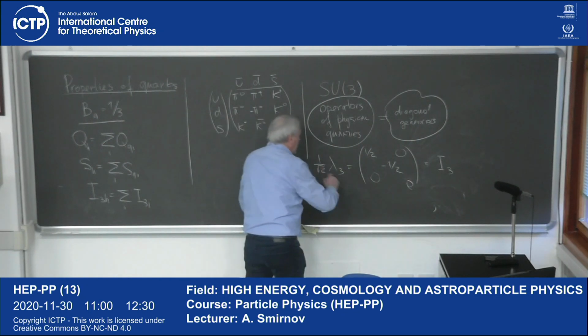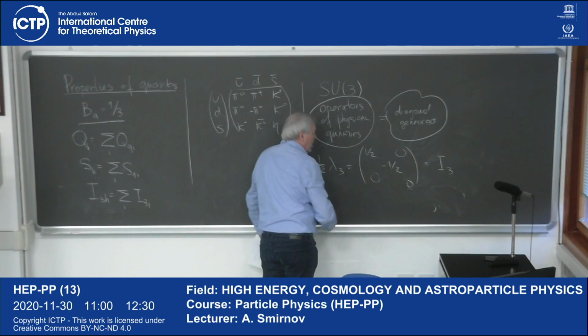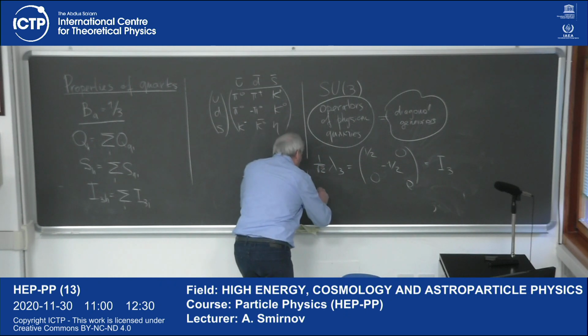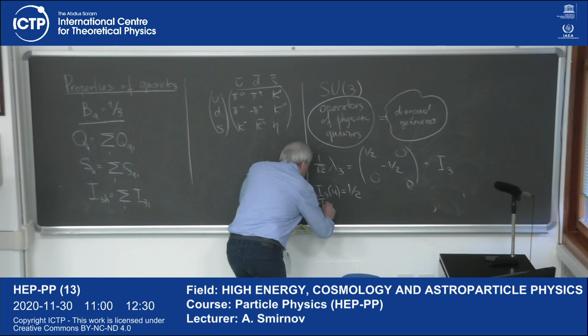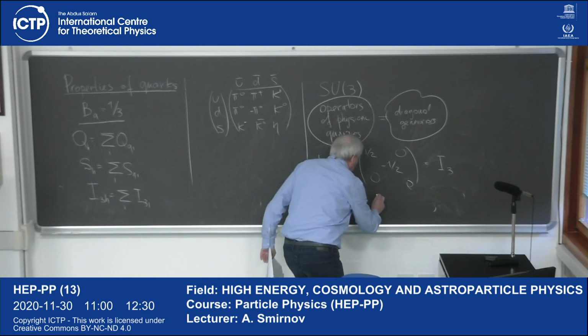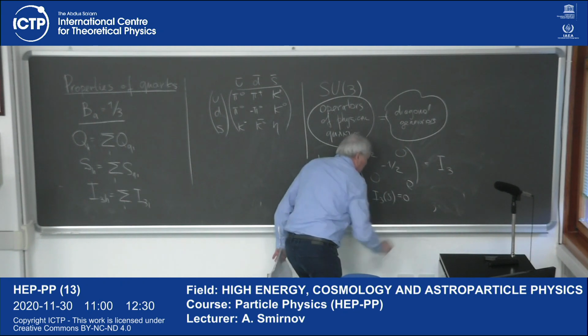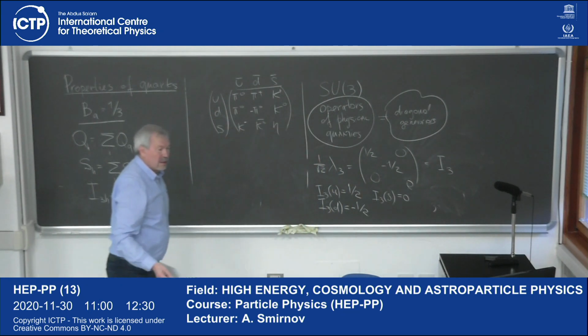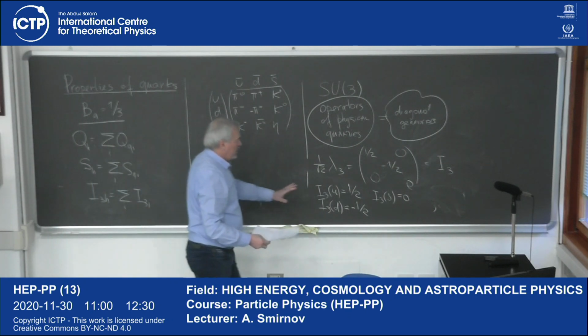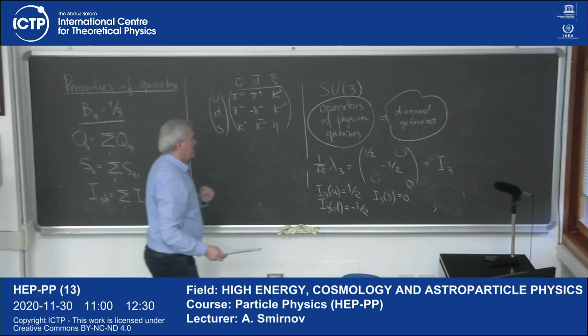So in this case, the U quark and D quark form the doublet, and so the third projection of the U quark is 1/2, the third projection of the D quark is minus 1/2, and the third projection of the strange quark is 0. And in fact, we will see it later, so it's 0.